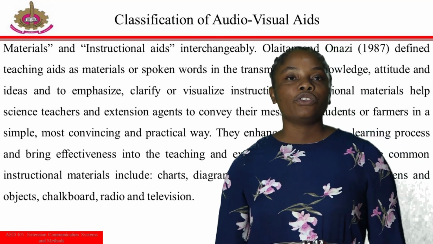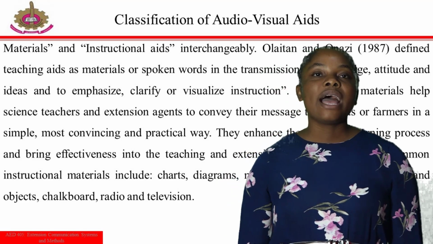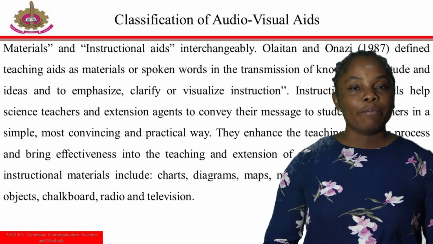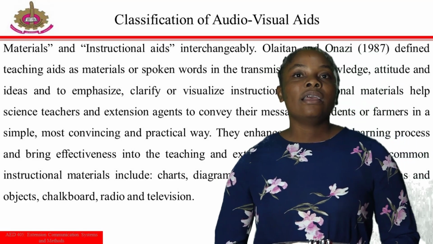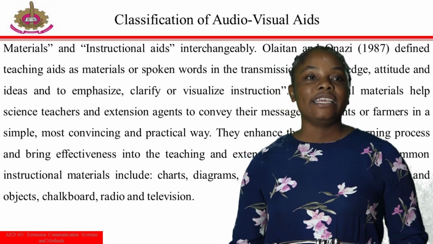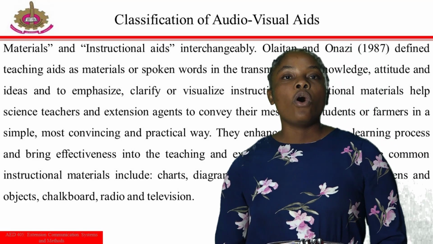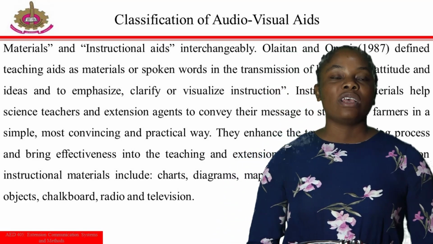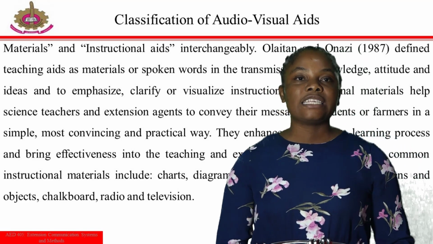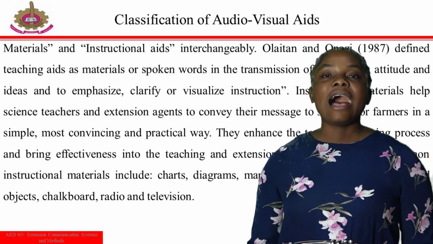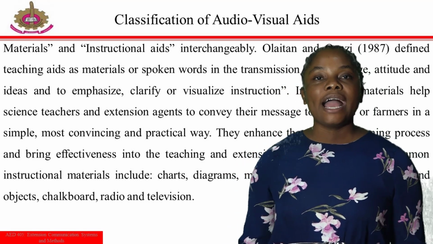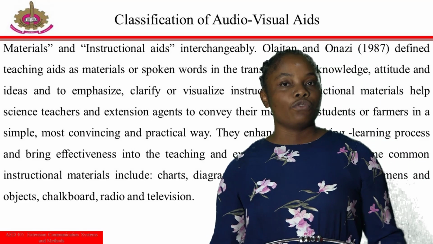Classification of audiovisual aids. Material and instructional aids can be used interchangeably. Olaitan and Onoze in the year 1987 defined teaching aids as material or spoken words in the transmission of knowledge, attitude, and ideas so as to sympathize, clarify, or visualize instruction.